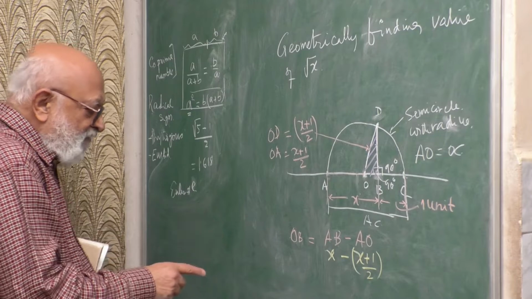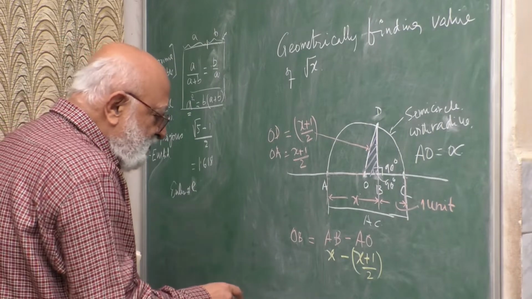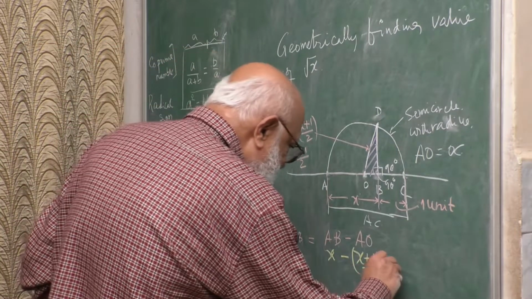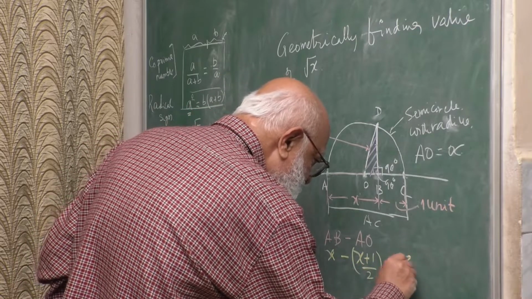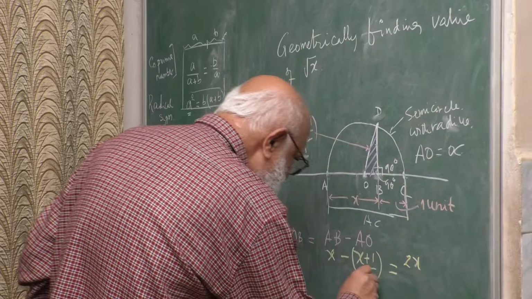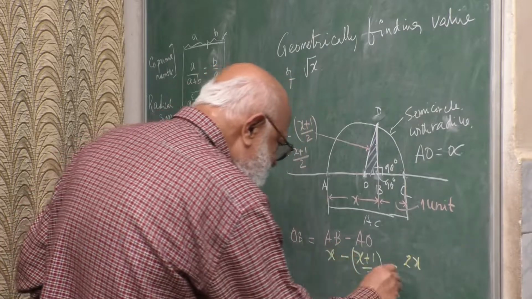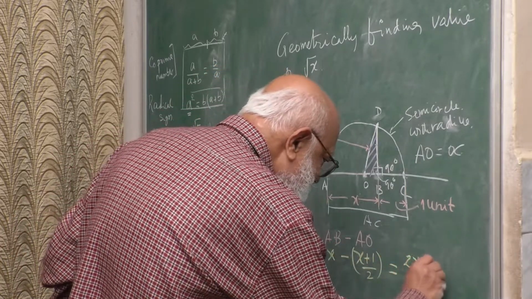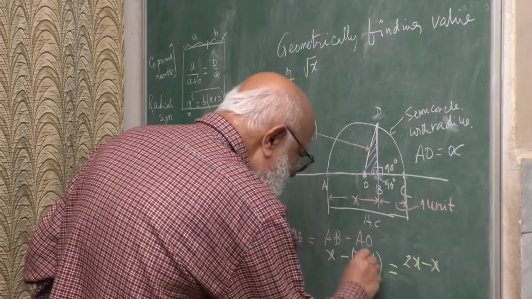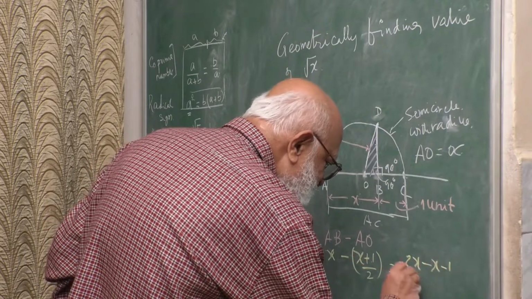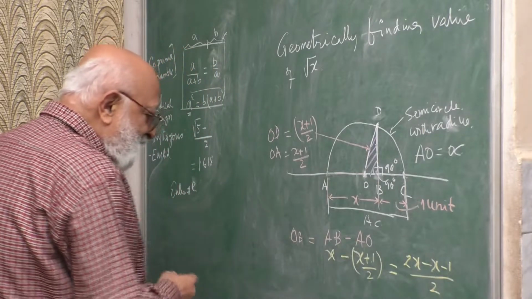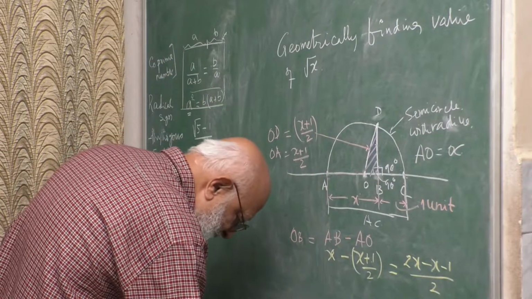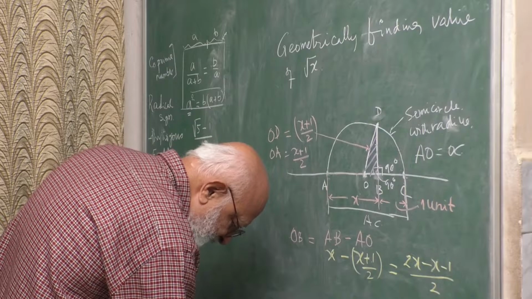This you are aware of finding it out. So let us do this one totally. So this would be 2x, right? 2 into x. This will be minus x, and this will be again minus 1. This will be divided by 2. So ultimately I will go here and I will use a different chalk.